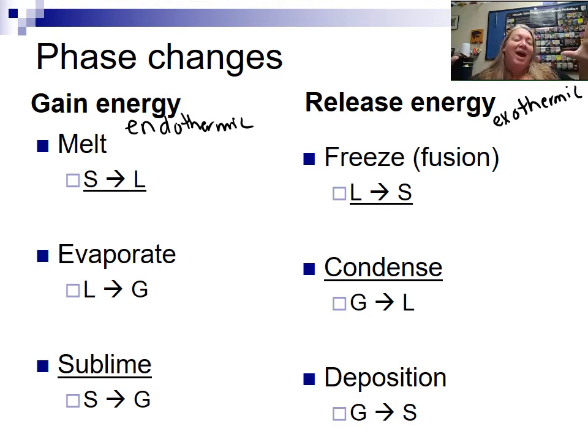Now, if you have a gas and you cool it down, so exothermic because we're releasing some energy, it's going to condense, or condensation is going to occur. So, examples of condensation. Now it's not going to happen on this one. This is an insulated cup. Well, it did a little bit. Occasionally, have you ever noticed condensation on the outside?